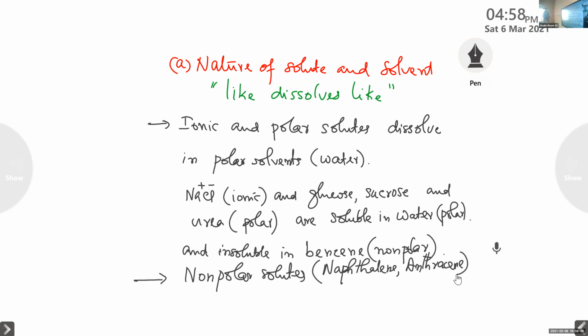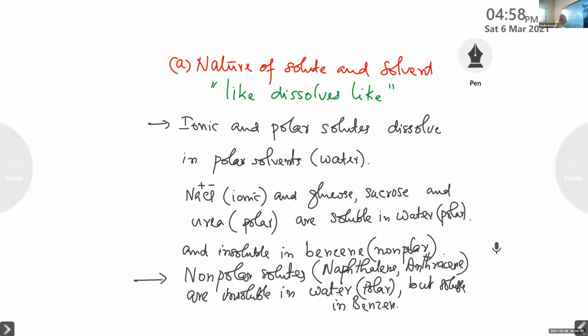These are non-polar. So non-polar solutes like naphthalene and anthracene are insoluble in water because water is polar, but they are soluble in benzene, which is non-polar.